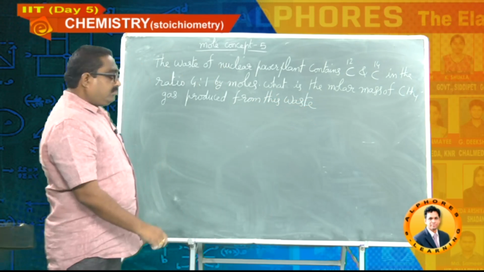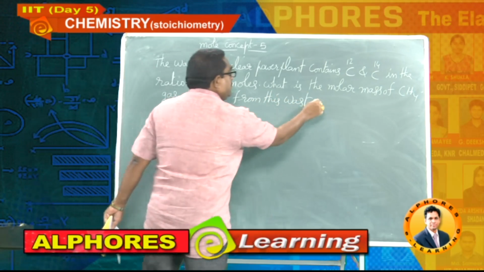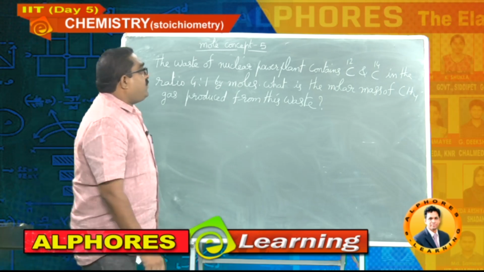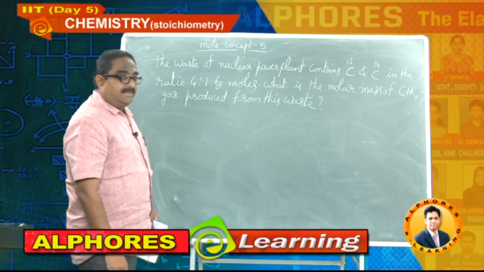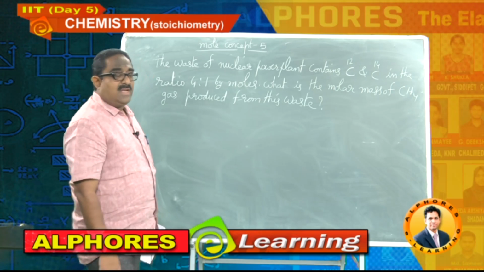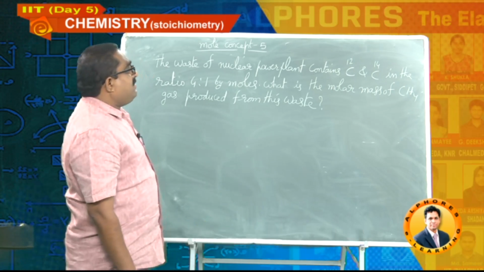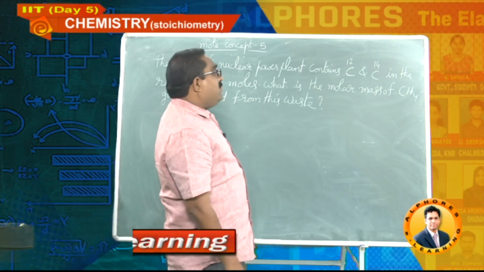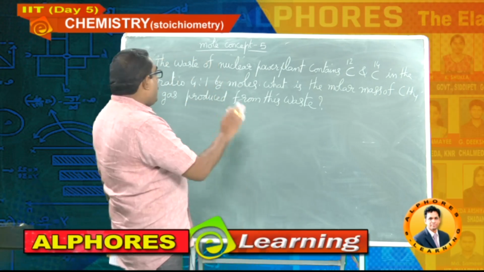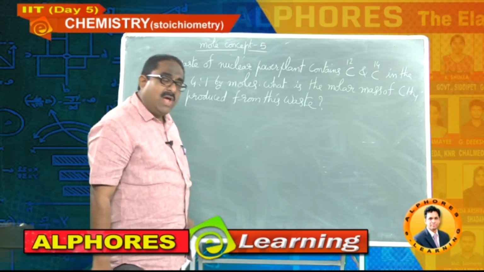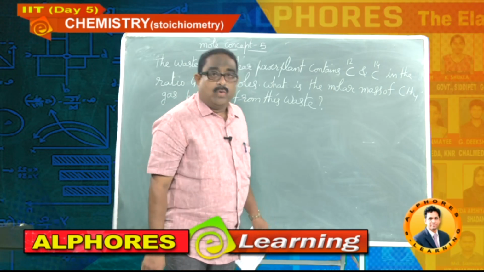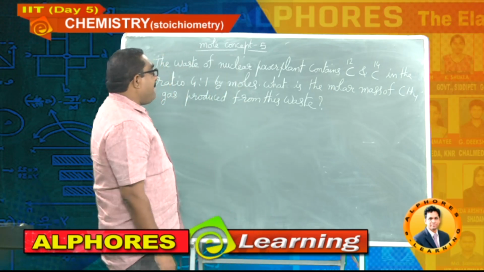Okay. This is the question, students. I am repeating, please write it down first. The waste of a nuclear power plant contains C12 and C14 in the ratio 4:1 by moles. It means for every 4 moles of C12, there will be 1 mole of C14 isotopes in that nuclear waste.